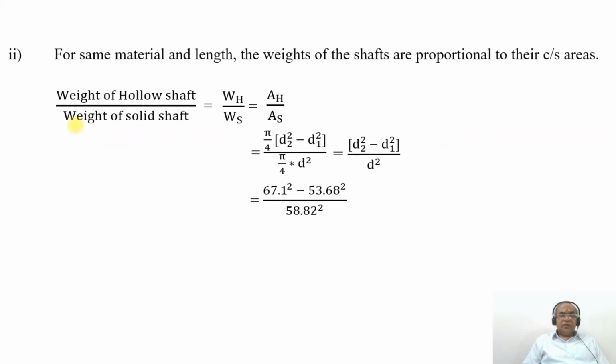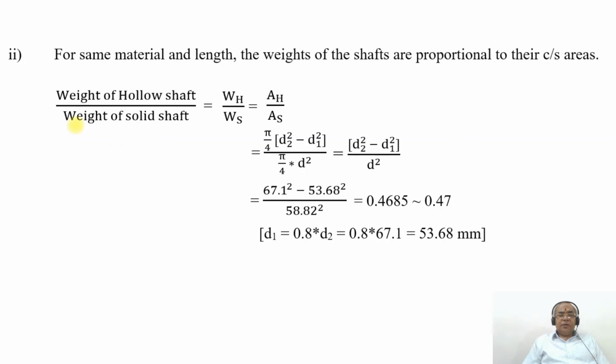So substitute the values of D2, D1 and D: 67.1 the whole square minus 53.68 square, divided by 58.82 square. On simplification, you get 0.4685, approximated to the ratio as 0.47.